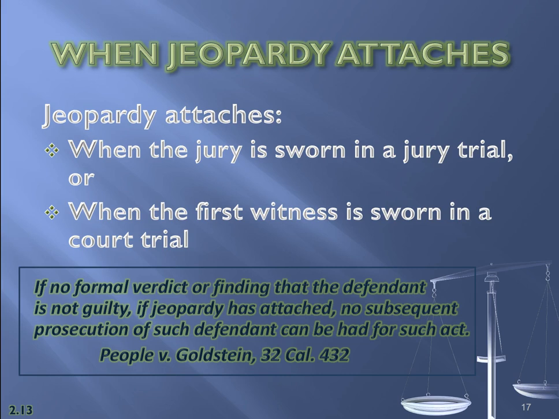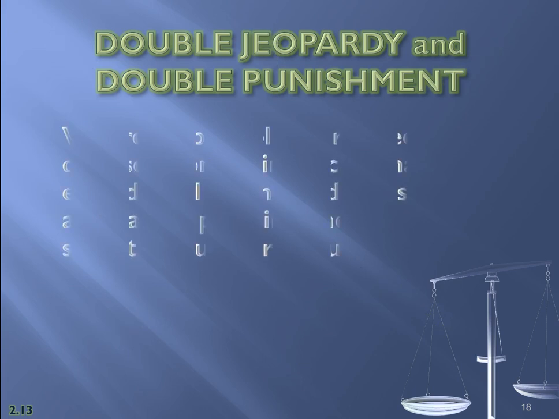That is when the jury is sworn in at a jury trial, or when the first witness is sworn in at court trial. And the difference between the two, I'm sure you figured it out by now: a jury trial is by jury. A court trial is when there is no jury, and the judge is going to be that person. So again, hopefully that clears that up.